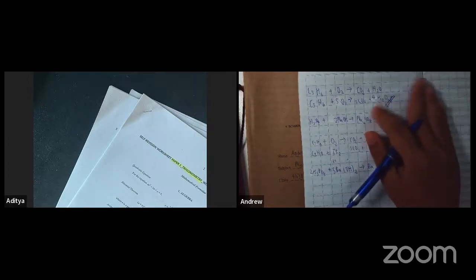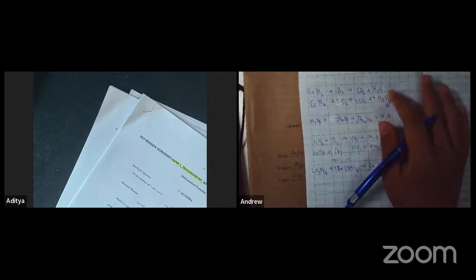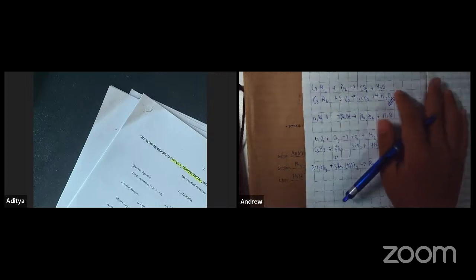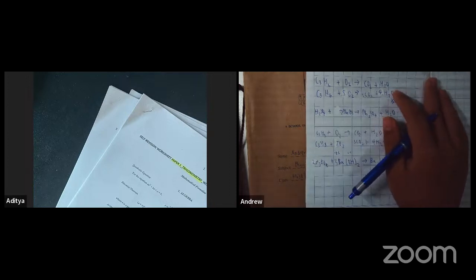Okay. 2966 does sound like a very weird number, but that's the only number that makes sense. Now, let me confirm, Andrew, what happens if I provide 2000 molecules here? Okay. How many molecules of O2 do I need?